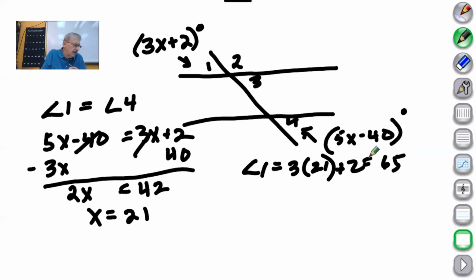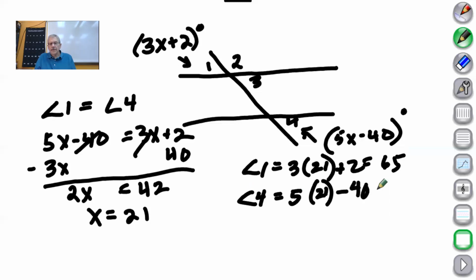So that angle right there is 65. Finding angle 4 should be the same. Let's double check it and make sure. This would be 105, take away 40 is 65. It's just kind of obvious.